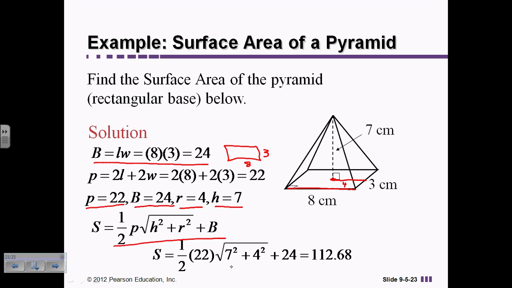So 7 squared plus 4 squared comes out to be 49 plus 16, which comes out to be 65, the square root of 65, which comes out to be about, oh, I did forget to figure that out. It comes out to be about 8.06, I think. And then plug that into the rest of our problem. So half of 22 is 11, times 8 is about 88, plus the 24 ends up to be 112.68.